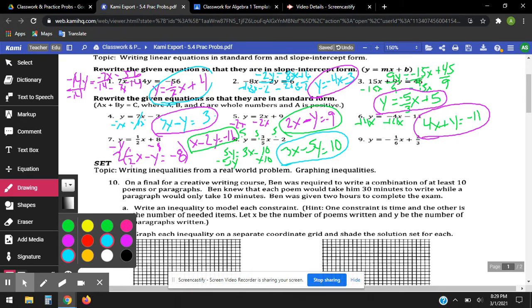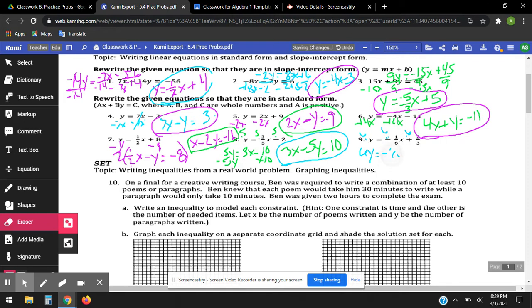And our last one, let's multiply by 6. We just have to move the 1. Multiply by 6, by 6, by 6. So I end up with 6y equals negative 1x plus 12 divided by 3, and my numerator stays the same. 12 divided by 3 is 4.